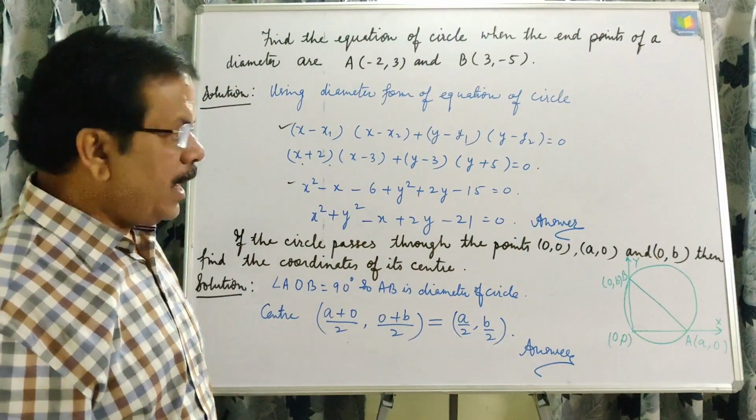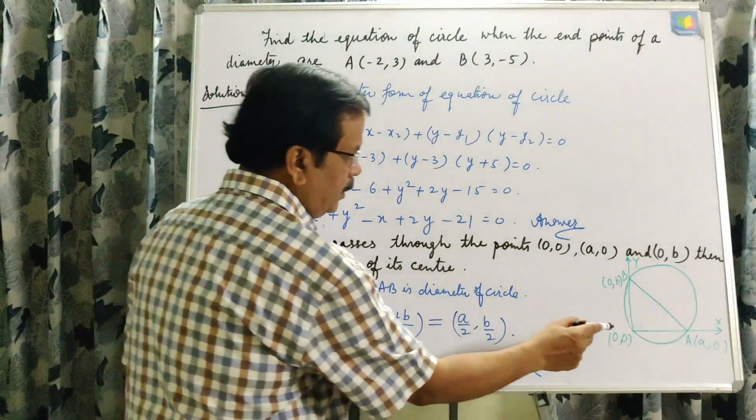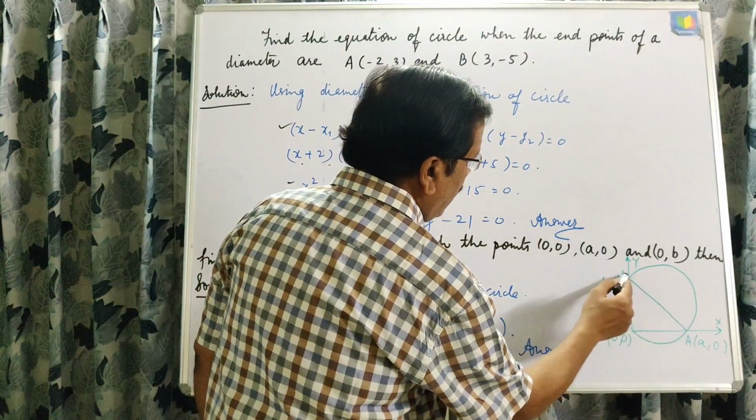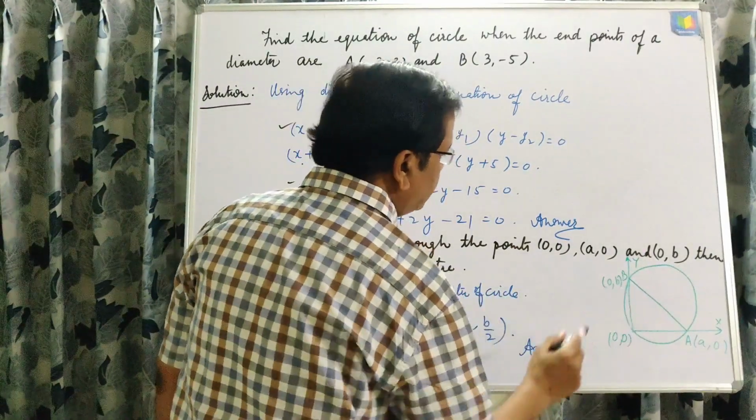And in the same way, next question: if the circle passes through the points 0, 0, a, 0 and 0, b, then find the coordinates of its center.